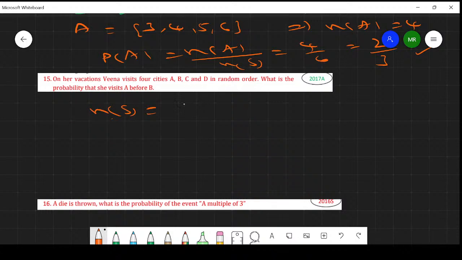Correct, 4 places. She can attend 4P4, right? 4 factorial, it will be 24. 4 into 3 into 2 into 1, it will be 24. Why?